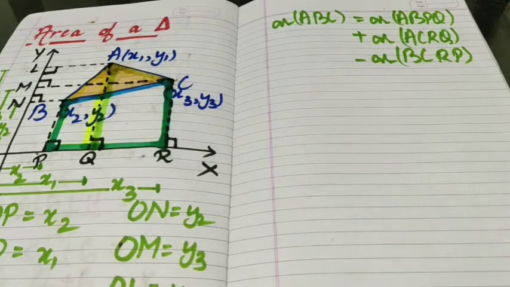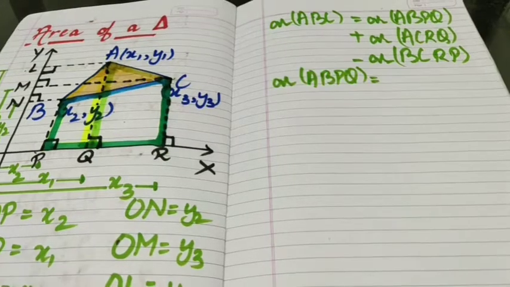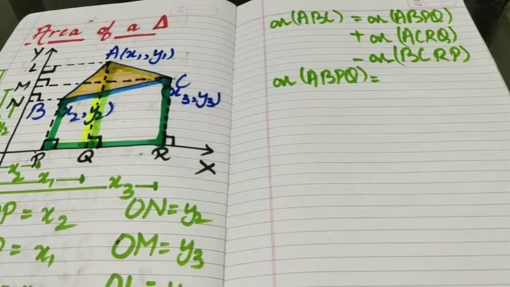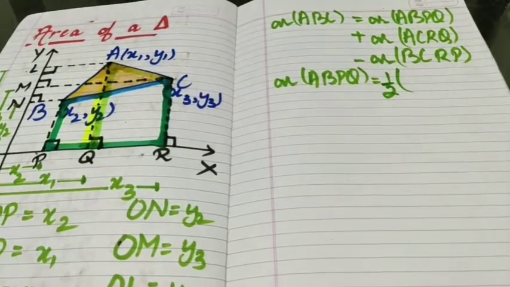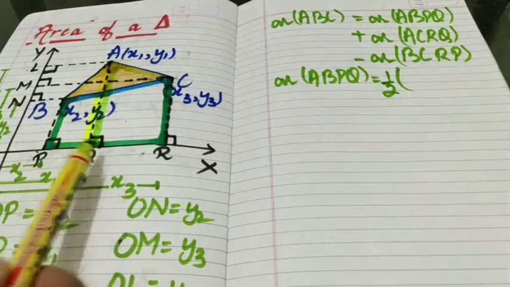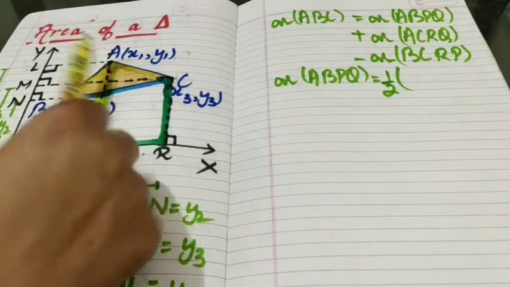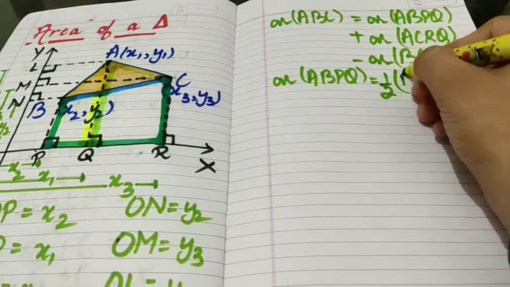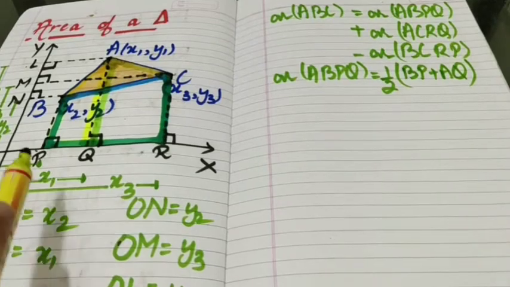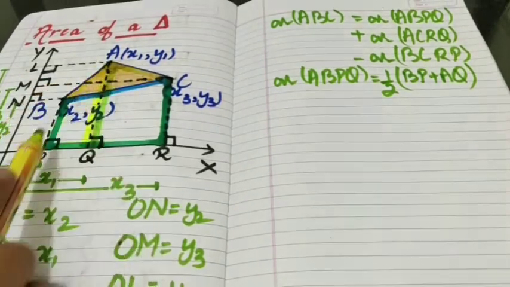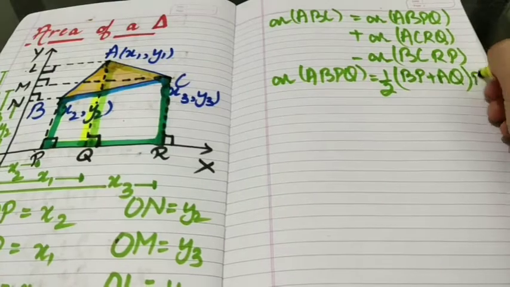And we know that the area of a trapezium is half into the sum of parallel sides into the distance between them. So let us find the area of trapezium ABPQ first. In trapezium ABPQ, the parallel sides are BP and AQ. So we write half into BP plus AQ into the distance between them, which is PQ.